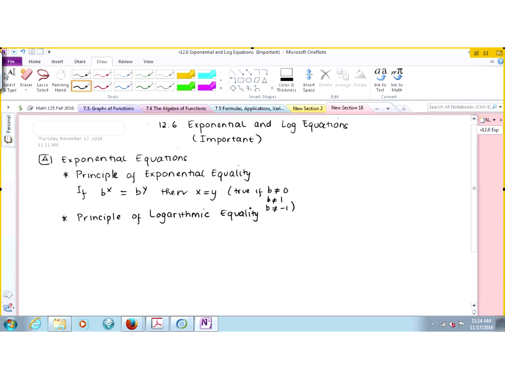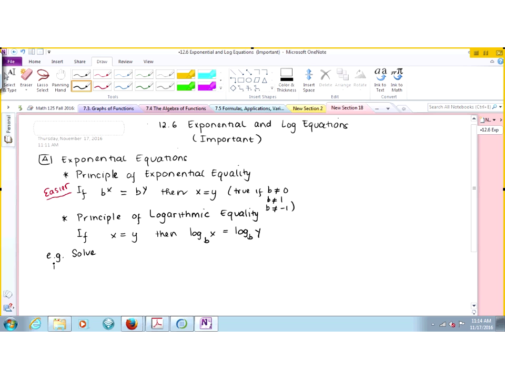The other one is, if x is equal to y, then log base b of x is equal to log base b of y. So we will use either the principle of exponential equality or the principle of log equality. This one is easier to use, but it cannot always be used.